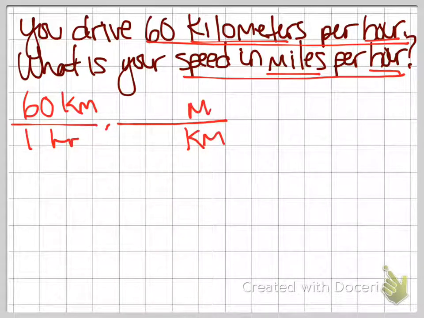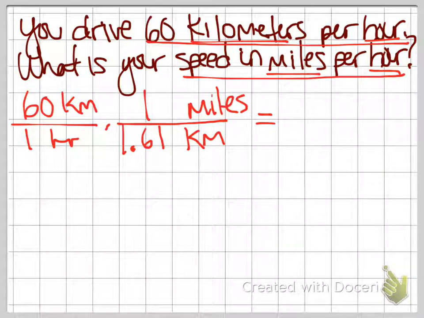And again, since we're starting off with kilometers on the top, in order for that unit to cancel, we need to put our conversion such that the kilometers will be on the bottom. And by looking this up, I will tell you that 1 mile is the same as 1.61 kilometers. So again, when we do our unit analysis, our kilometers on the top will cancel with our kilometers on the bottom, and we'll be left with miles per hour.